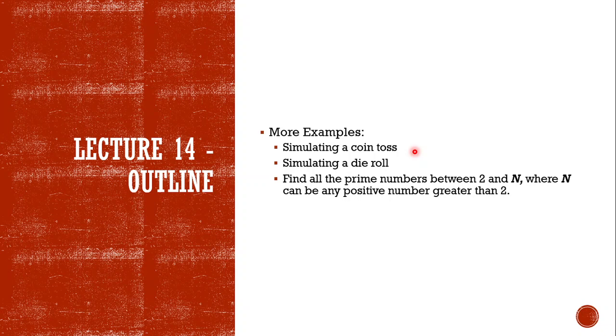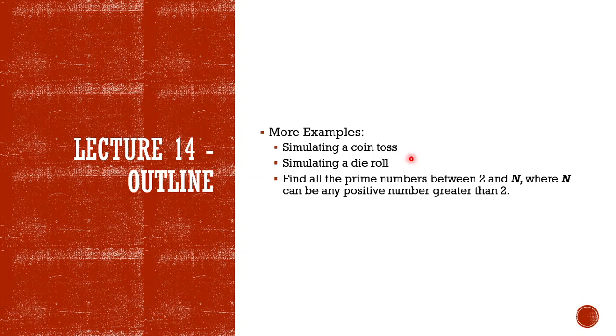The next problem that we are going to solve is we are going to simulate a die roll. Okay, so what is a die? A die is that cube shaped object with the dots on each of its face. So it has six faces, and each face has 1 to 6 dots.